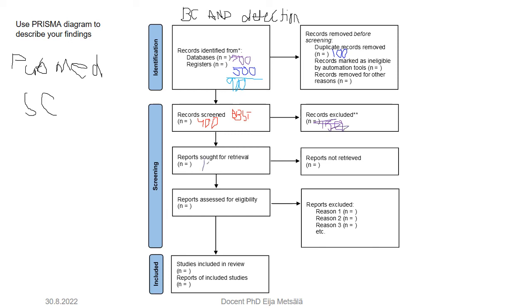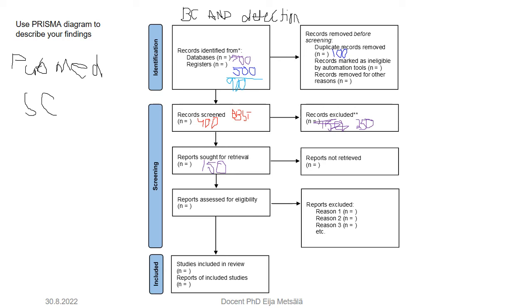We document those 150 in here, meaning that we exclude 250. Sorry, my bad calculation. Yeah, we exclude 250 at this stage and leave 150.